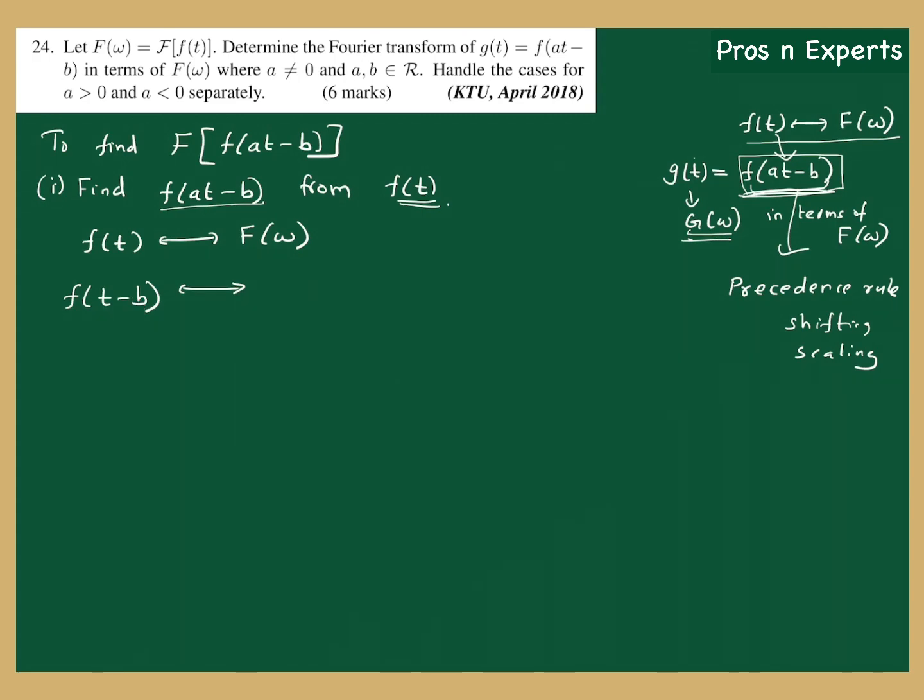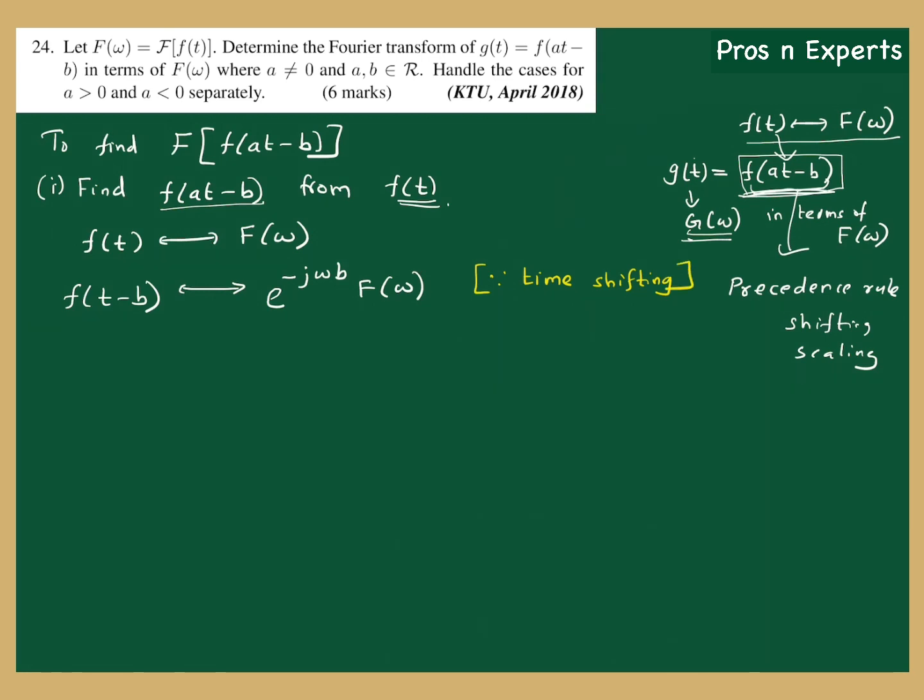Time shifting results in multiplication with an exponent in the frequency domain, so e raised to minus j omega b into F of omega. The reason is that it comes under the time shifting property of the Fourier transform. You have to refer to the time shifting property.